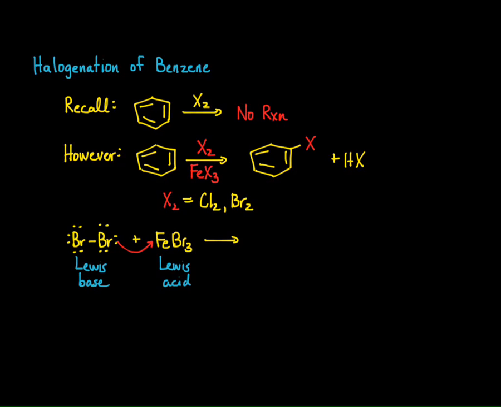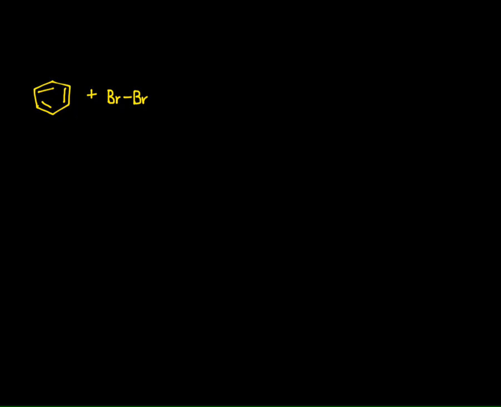The result is you get this Br2-FeBr3 complex, where now bromine has a positive charge because it's donated a pair of electrons to the iron, and iron has accepted more electrons, and so it takes on a negative charge. This is called a Lewis acid-base complex.